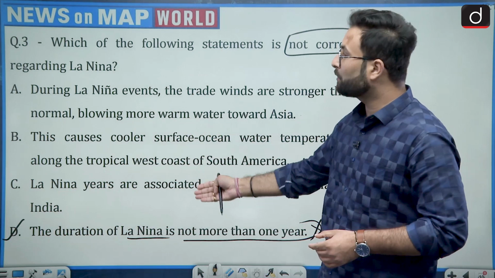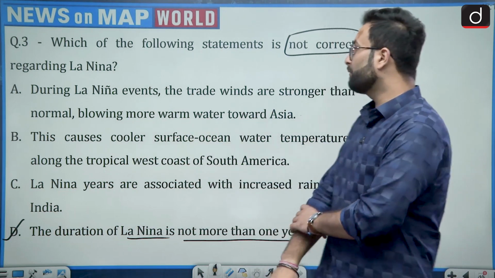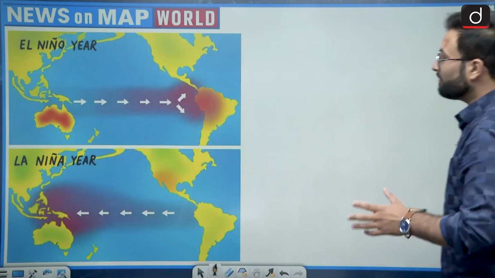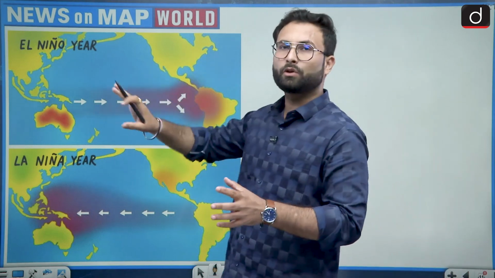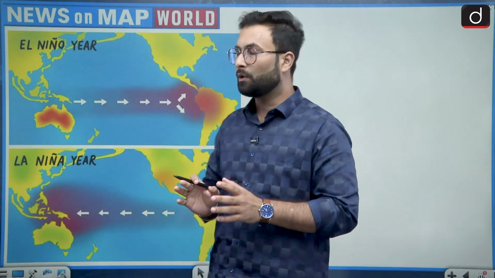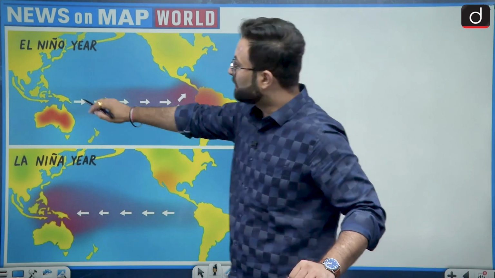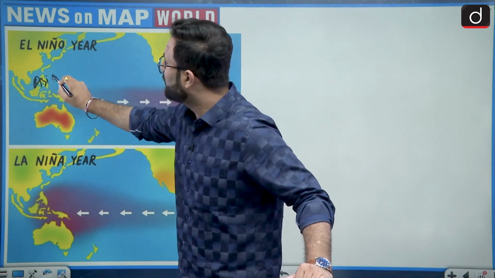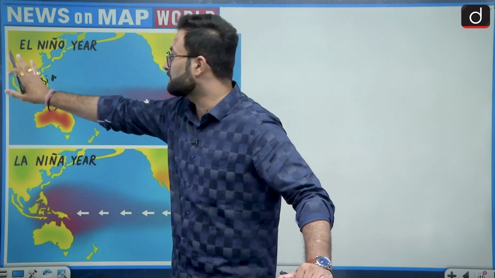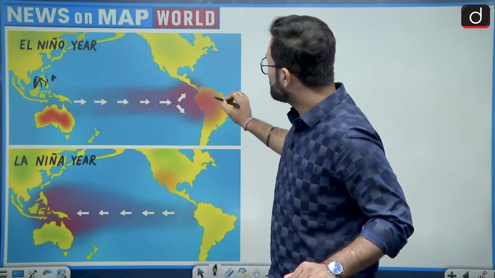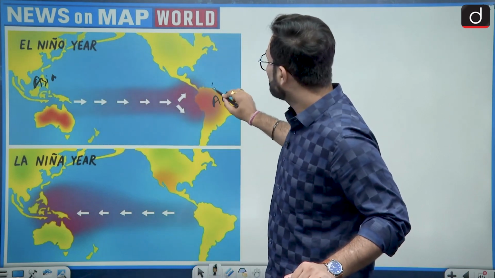Now talking about the other statements, we will try to understand them from the map over here. So here you can see, first we will talk about the El Nino condition. Here you can see this is part of Asia. Australia we will consider as part of Asia, and this is your America, or South America.